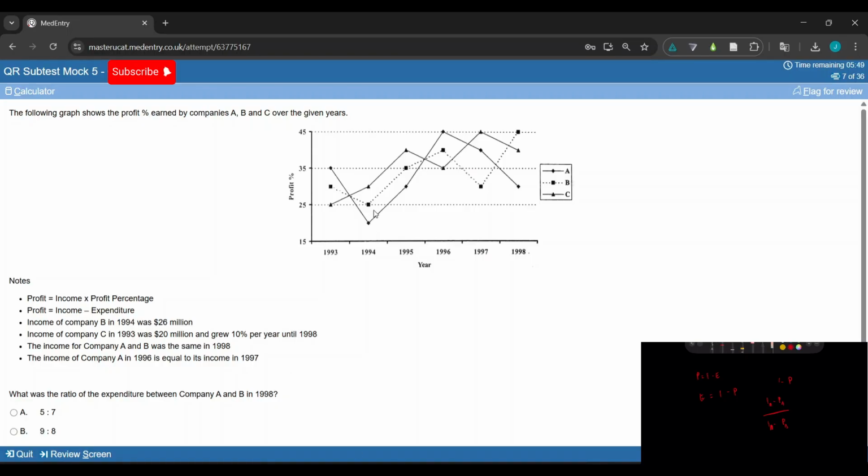Income of B in 1998, and so A and B. 1998 is 30% for A, and then for B it is 45%.